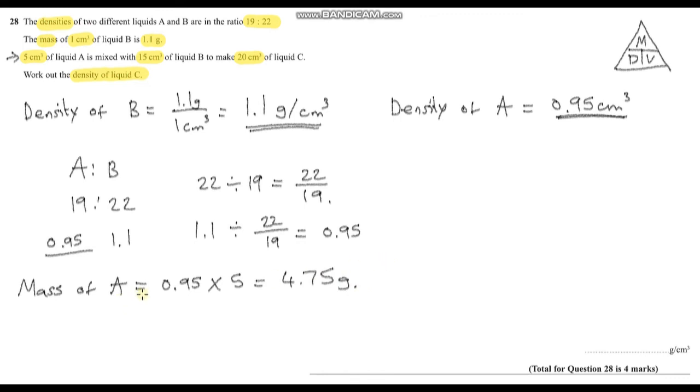So we've got the mass of A. Now we need to work out the mass of B. And be really careful, because we're told up here it does say mass.